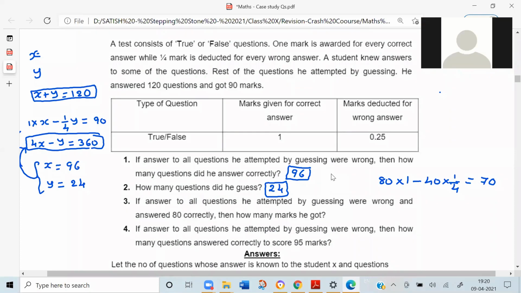X minus y equal to 380. So let us take X as the number of correct questions. Now, how much are you getting for each question? 1 mark.